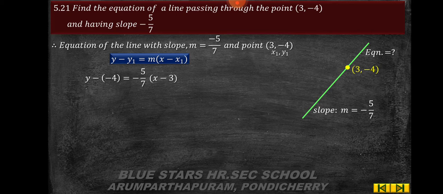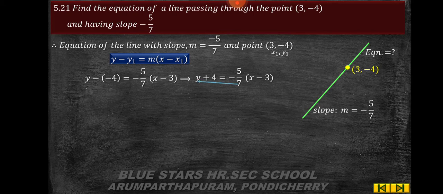You get y minus of y1 value, which is -4. So y minus of minus 4 is equal to slope -5/7 into x minus x1 value 3, which implies y plus 4 is equal to -5/7 into x minus 3.